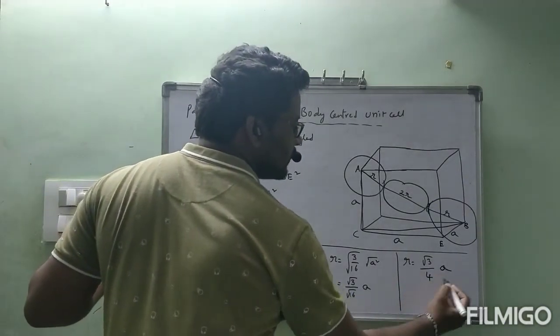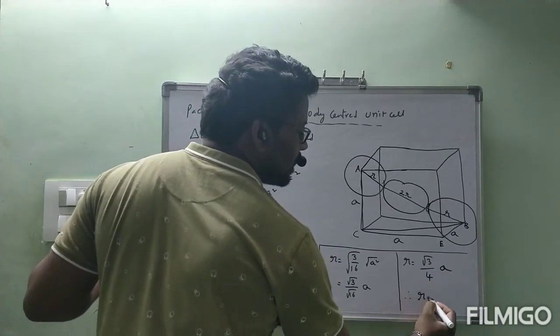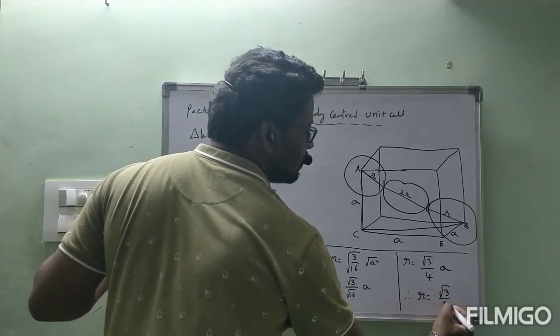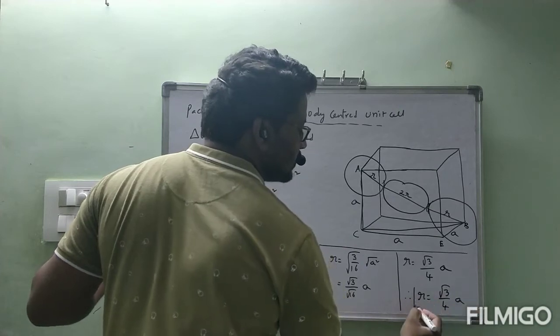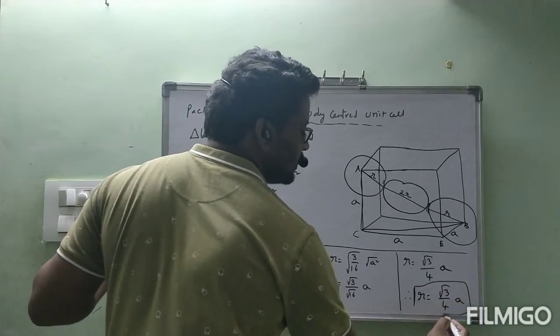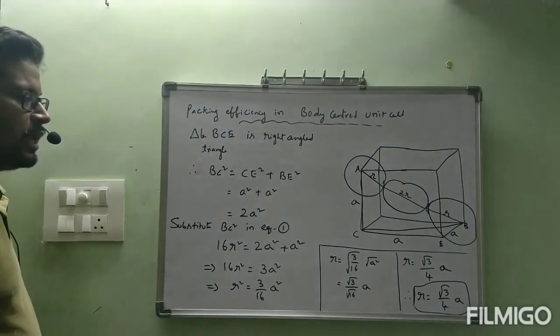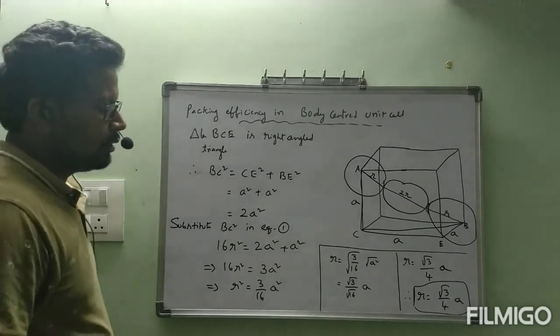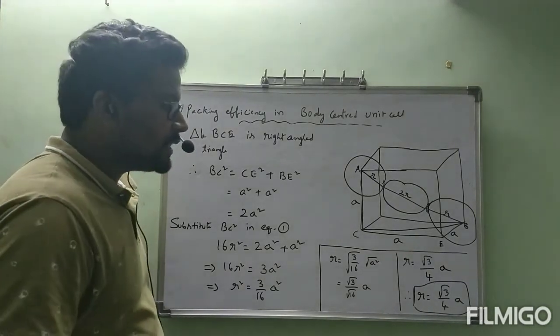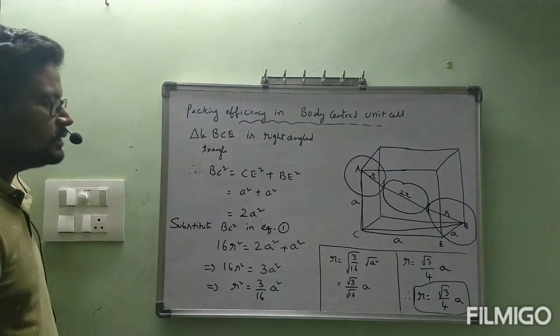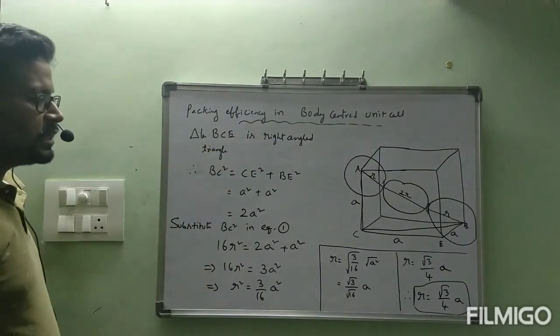Root 3 by 4, A. Therefore, R is equal to root 3 by 4, A. This is the relation between radius of the sphere and small a, edge length in body centered unit cell.